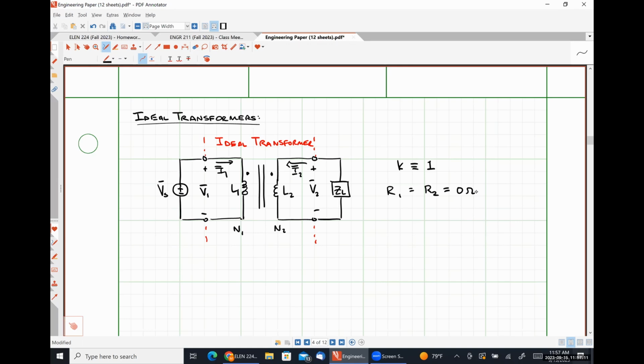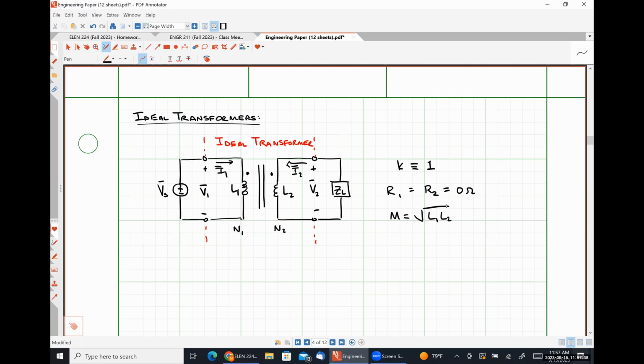Since we have perfect or perfectly coupled coils, our mutual inductance M is going to be the square root of L1 L2. We talked about this in class, the last class. A few things today, so we're going to play around with some relationships really quick.